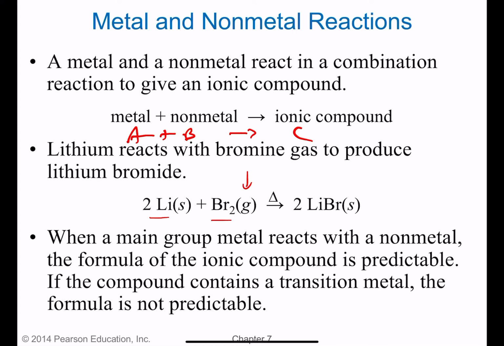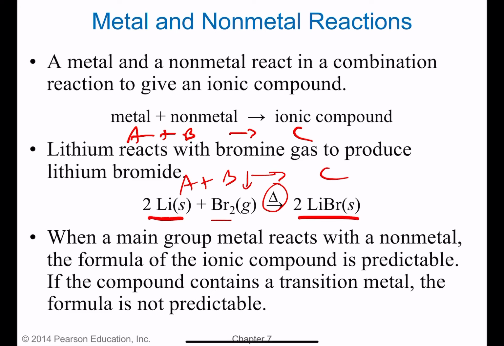It doesn't necessarily have to be at room temperature, and it probably isn't because after all, we are using heat as a catalyst. So we've got bromine as a gas plus lithium as a metal, as a solid, makes lithium bromide. So again, it's A plus B yields some new substance C. So that's why we're going to classify this one as a combination.